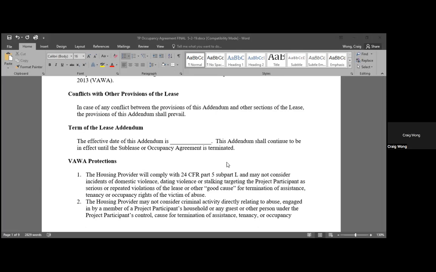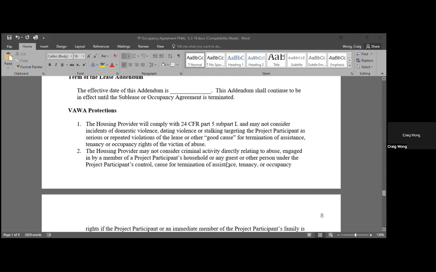It basically says that a housing provider cannot terminate a client for actions that result due to a client being a victim of a domestic violence incident. So we can't just, when something happens, there's a domestic violence issue, something was broken, disruption in the apartment, we can't terminate folks for being a victim. We want to help them as much as we can.